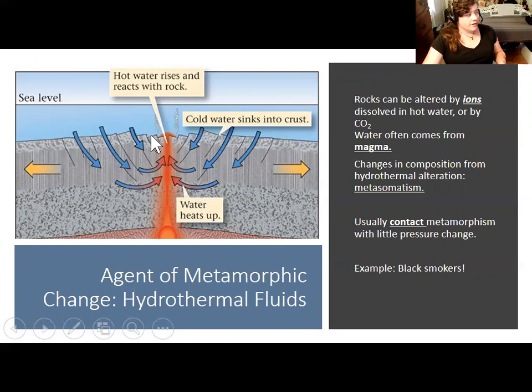What does this feature look like to you, where you've got the plates spreading on either side? It's a mid-ocean ridge. And at mid-ocean ridges, you get a lot of black smokers because you have interaction between the seawater and the magma. The heated seawater actually causes some metamorphism of the rocks, and that's part of what you see with black smokers.